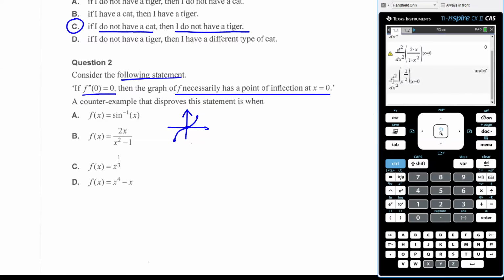If you take the second derivative and solve for x equals 0, the second derivative is indeed 0. But the problem is, if you take two points near x equals 0, you see positive, 0, positive. So the sign doesn't change. Therefore, option D would disprove the statement.